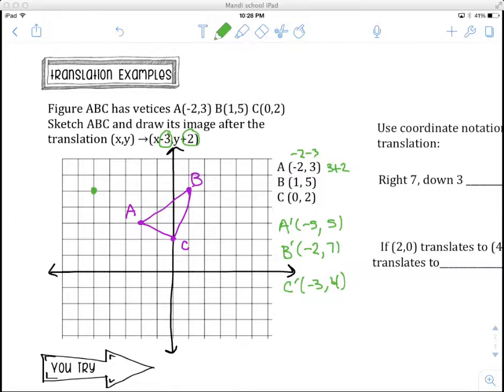Okay, so -2, 7. So that was A prime. That was B prime. And then C prime is at negative 3, 4. And like I said, I went the wrong direction when I said it the first time. So this should be left 3 and up 2. Should be the exact same image, just moved to a new position.